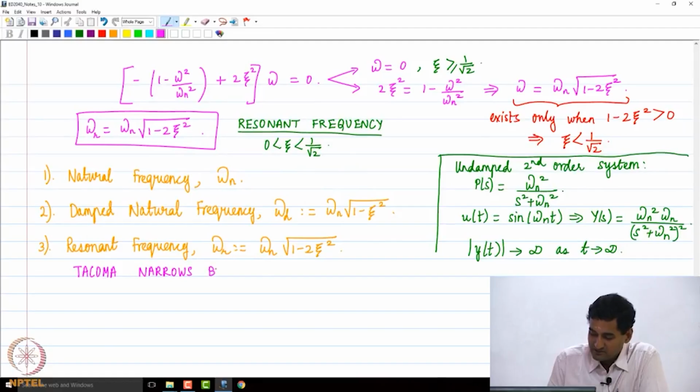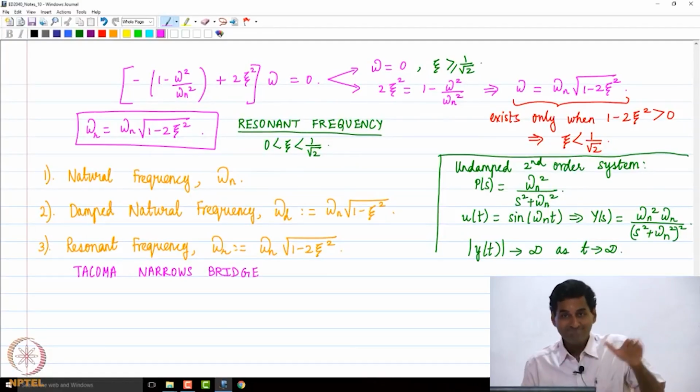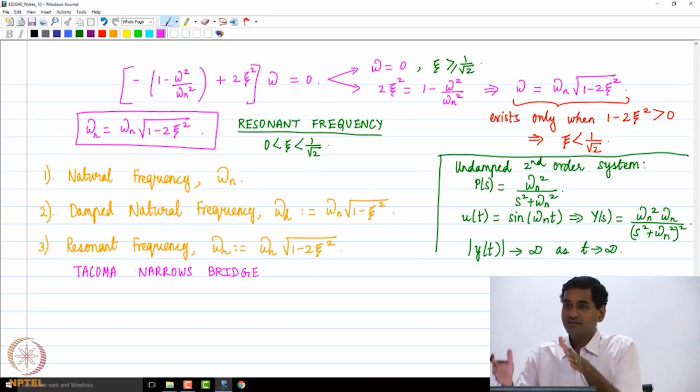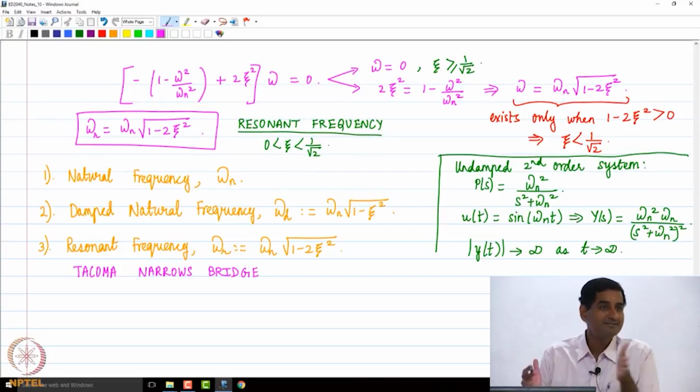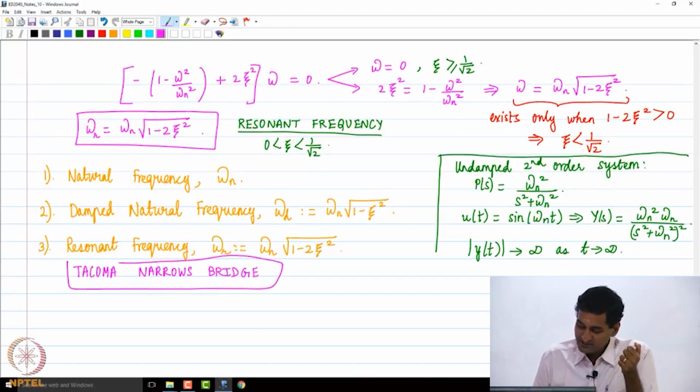You will see that the wind essentially excited the resonant frequency and the entire bridge swayed. Mathematically the amplitude is bounded, but what happened? The structure failed because of the excessive oscillations. So just watch the video. So that is resonant frequency.